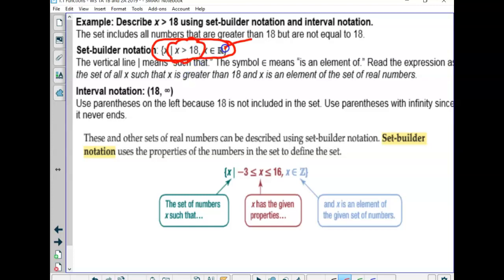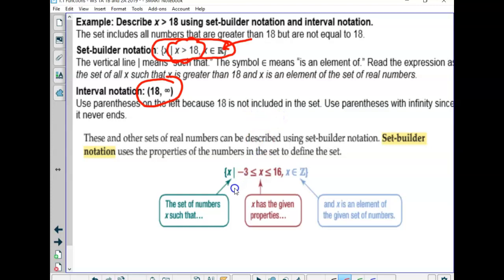I suppose if it said it had to be an integer instead of the real number system, but generally they use that kind of notation. Interval notation, we would just say from 18 on up to infinity. All right? 18 is not included in the set.